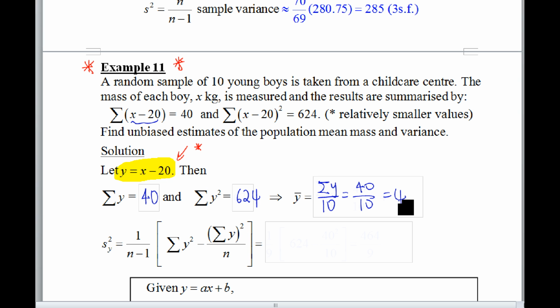Follow so far? One more time. If I know summation y and summation y squared, I can find the unbiased estimate of the variance of y. So, I use the formula, I can get this.